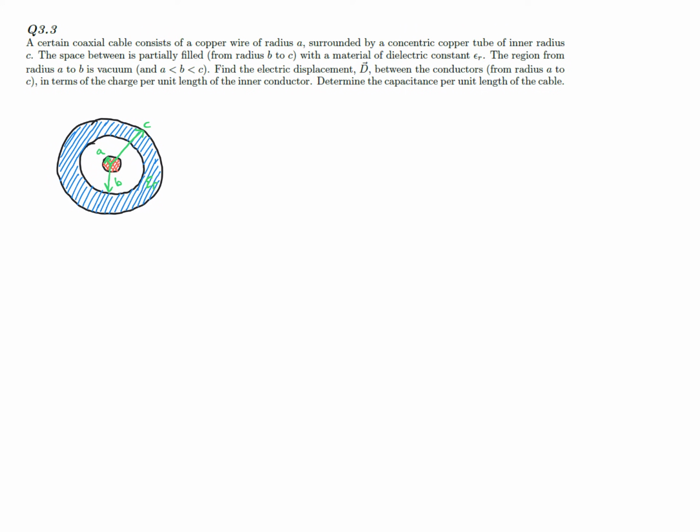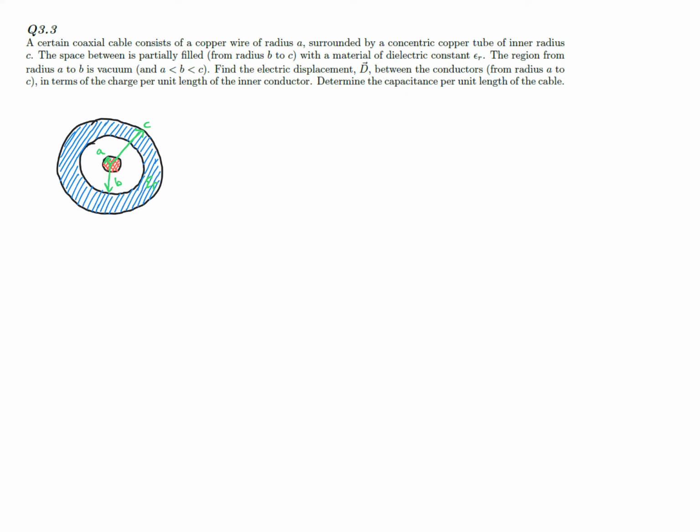That means between the radius A and C. And then once we know that, we're going to work out the capacitance per unit length of the cable. So this kind of cable is called a coaxial cable because we have cylindrical symmetry, and there are two cylinders with the same axis, so they're coaxial.